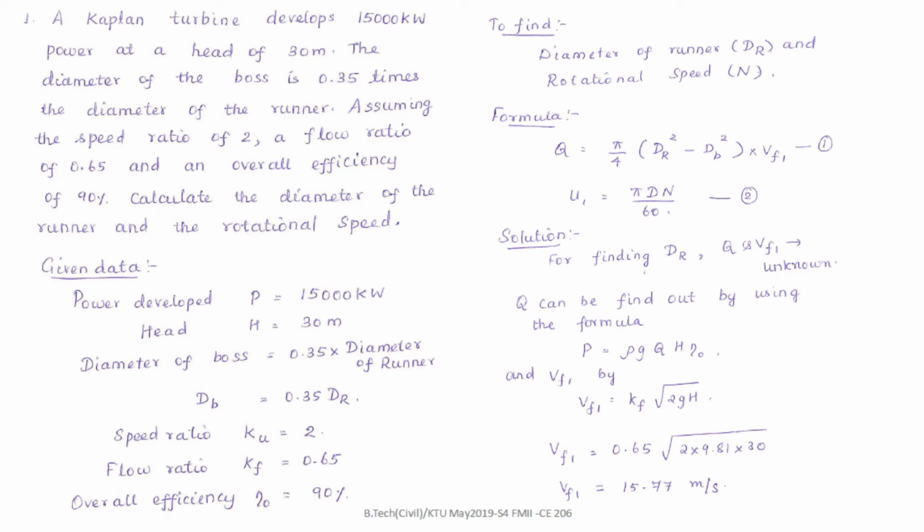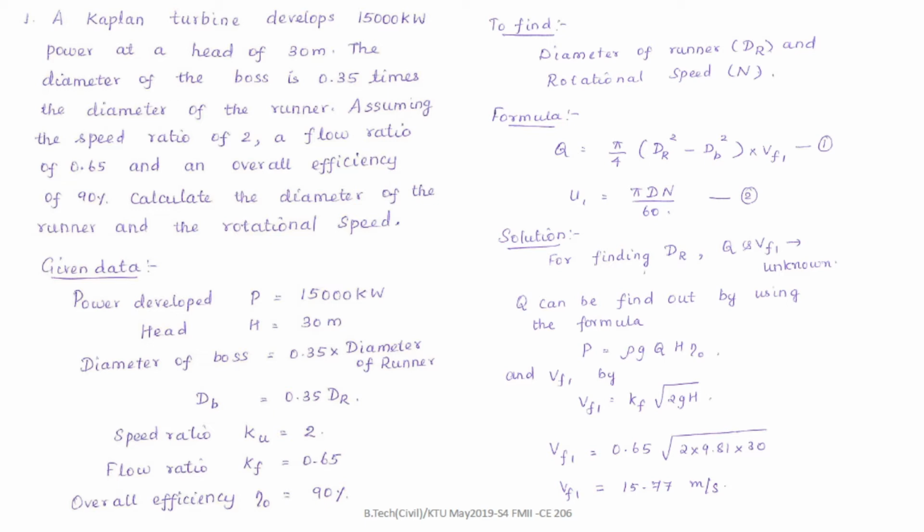The next point, we have to write the formula. How can we find the diameter? It's simple. If you know the discharge formula, you can easily find the diameter. We all know that discharge is equal to area into velocity. In the area, you will have the diameter. So here, write down the formula. Q is equal to area into velocity.